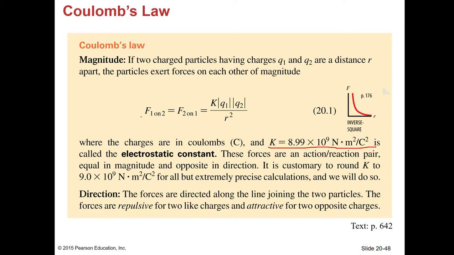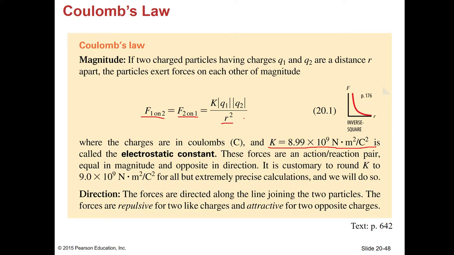So this is the force between charged particles, and it's again a third law pair. This constant, Q1, so that's the first charge, Q2, that's the second charge, divided by the distance between them. That's what R squared is. Not like the size of the charge or anything like that. R represents the distance between them, and it's squared in the formula.